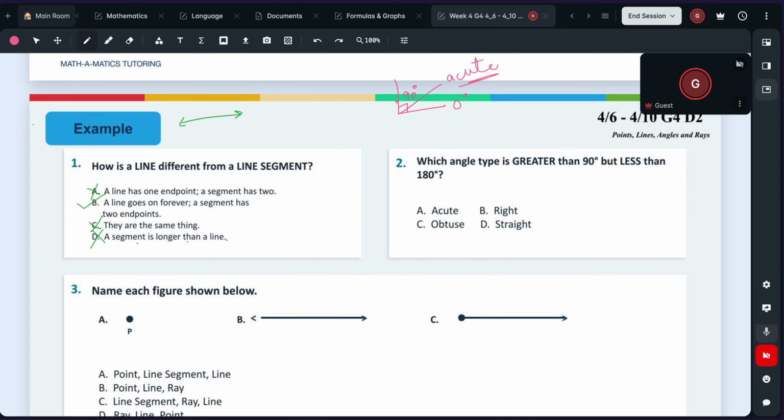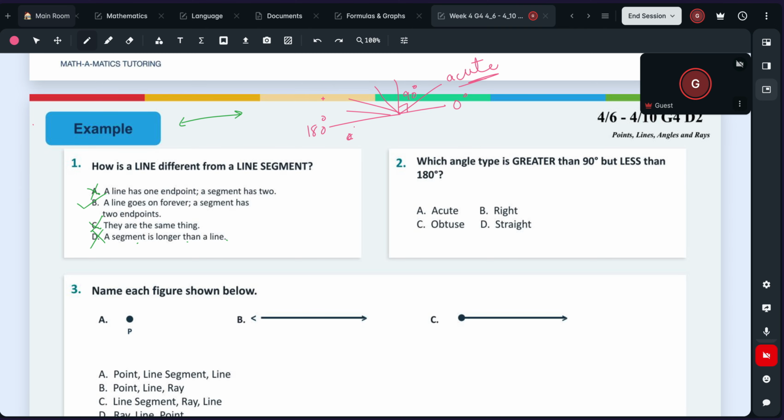But if an angle is greater than 90 but less than 180, which means it lies somewhere here, in between 90 degrees and 180, we call that an obtuse angle.